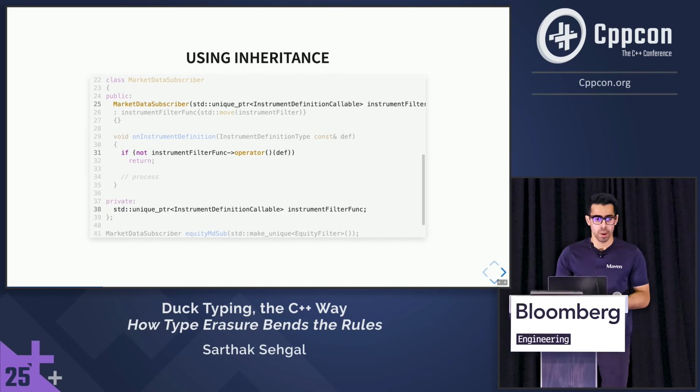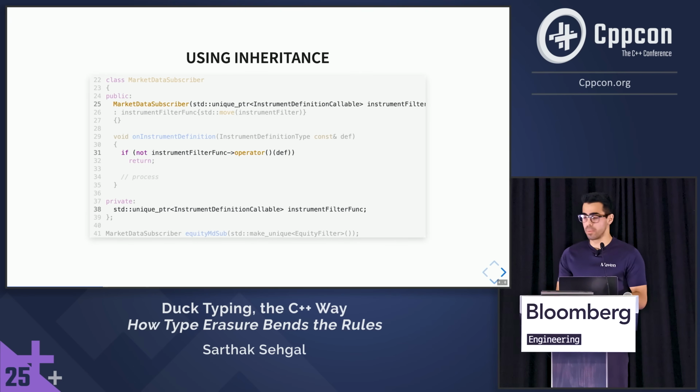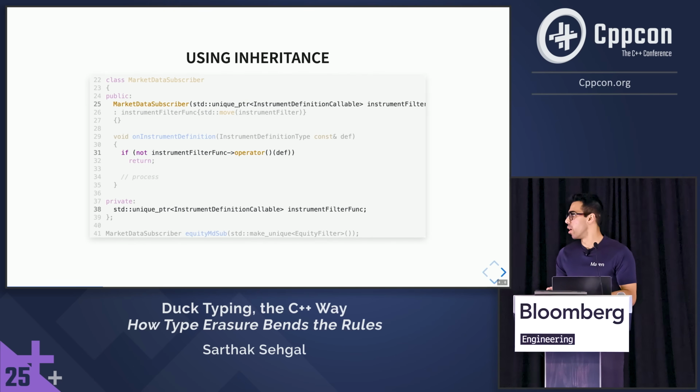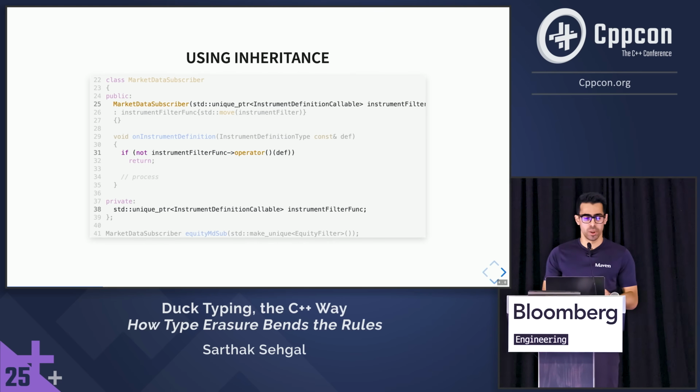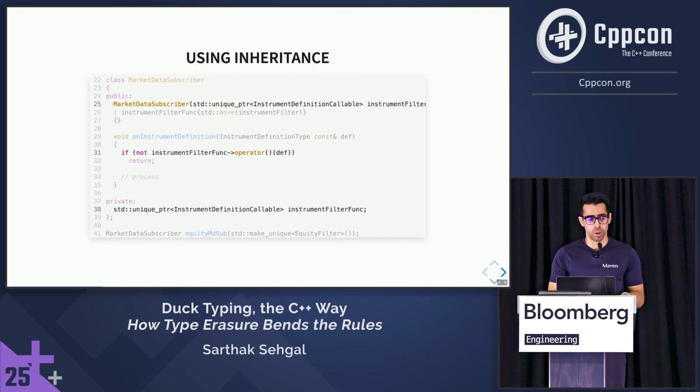With this, my market data subscriber class can now just take a pointer to the base class, the instrument definition callable, and the client can provide any implementation of this class. As long as the derived class inherits, I can use it and save it as a pointer to the base class.